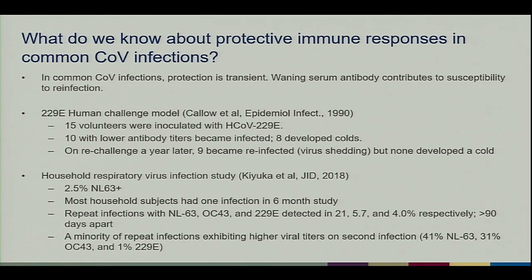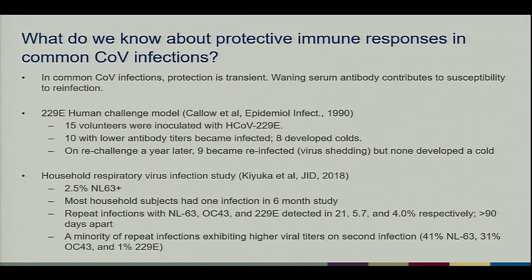It's difficult to extrapolate what we know from SARS-1 and MERS to immunity against SARS-2 because they're so rare. So we may need to take a note from what we know about immunity against the common coronaviruses, which is unfortunately not a lot, but we do know a little bit.